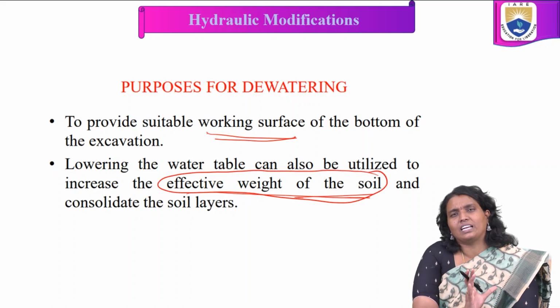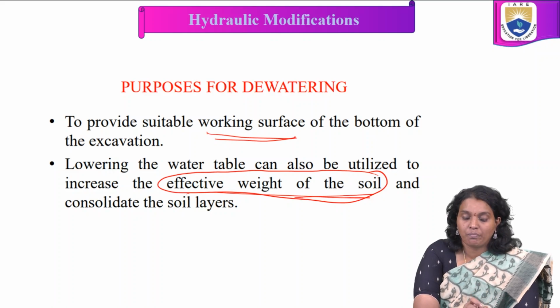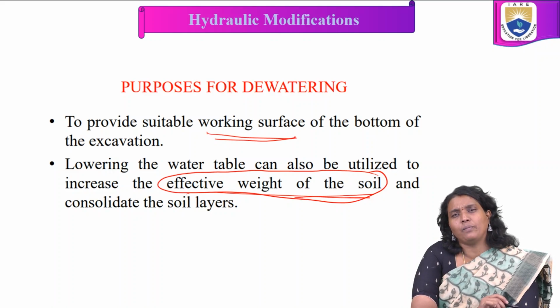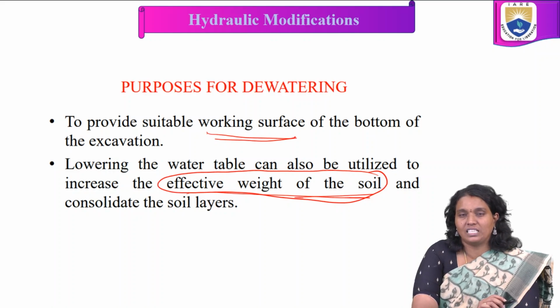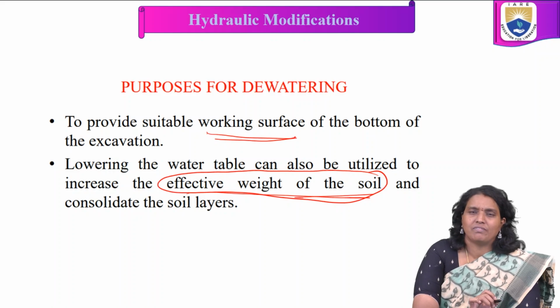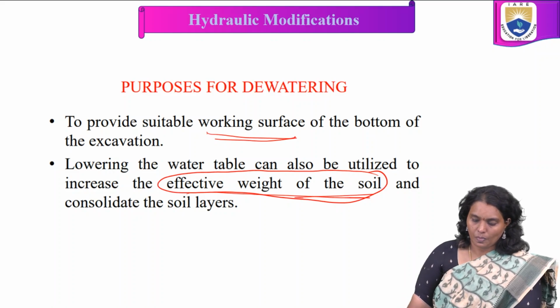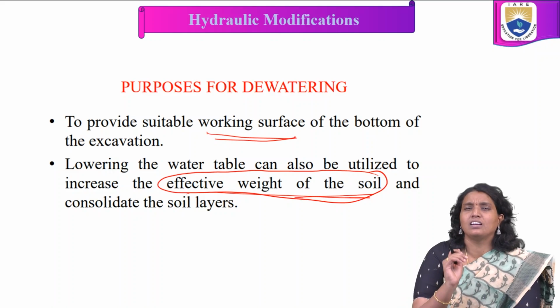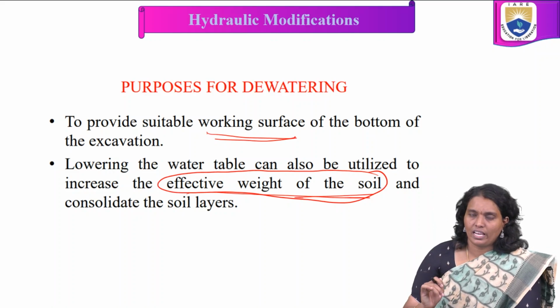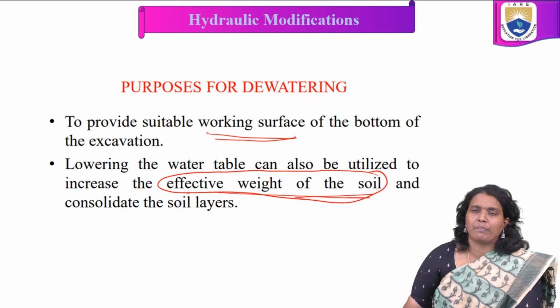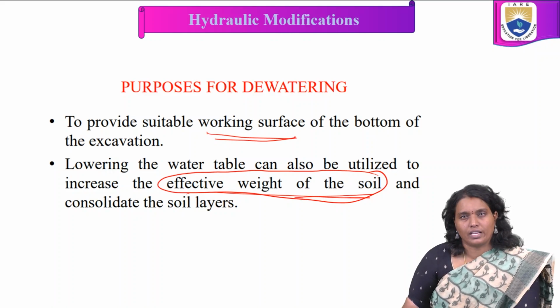More moisture does not give a better weight of the soil, so in such cases we use dewatering. These are the major purposes for dewatering. Consolidating the soil layers is also one of the purposes.